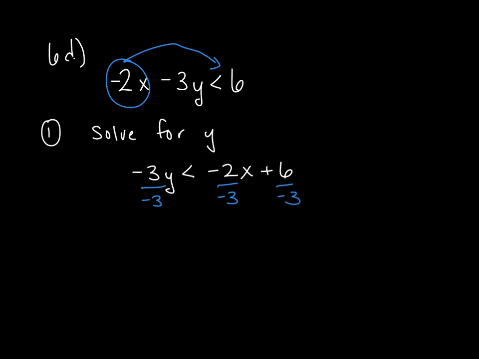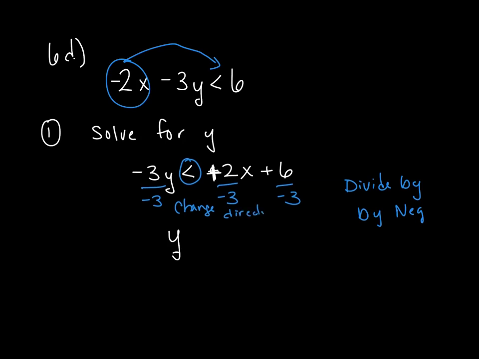3, correct? So whenever you divide by a negative, now what that means here is this now becomes y. You must change the direction of this sign. So I flip it, and now it becomes y is greater than the positive 2 over the negative 3.